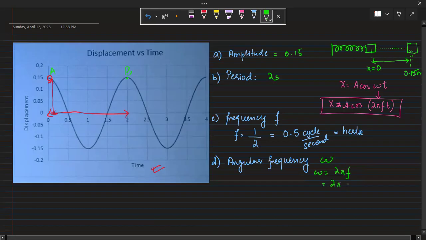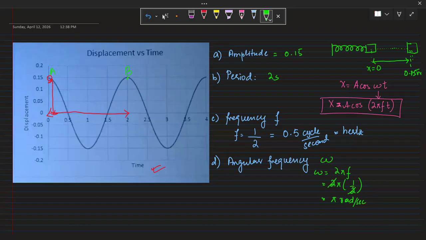So you just plug in the value, 0.5, which is 1/2, right? So the 2 times 1/2 is cancelled. Pi, that's going to be 3.142, I think. Or you call it pi radian per second. Remember 3.142 is pi's value, right? Or you can leave the answer in pi. So pi radian per second should be the unit. Radian per second should be the unit of angular frequency.